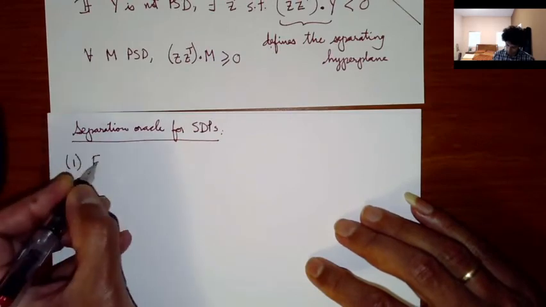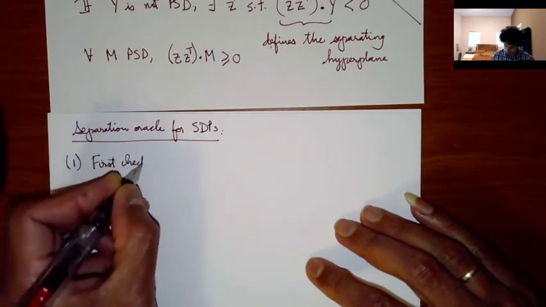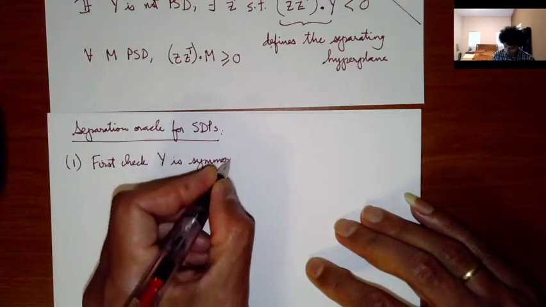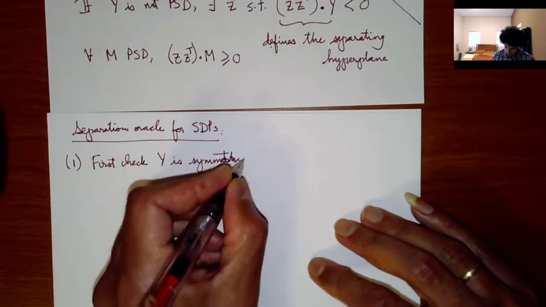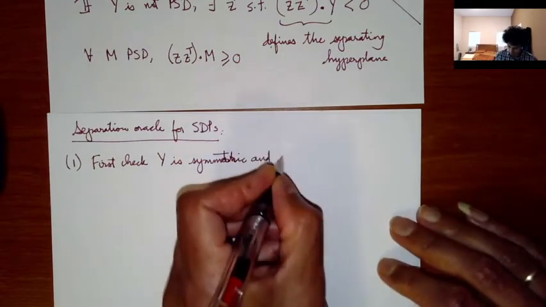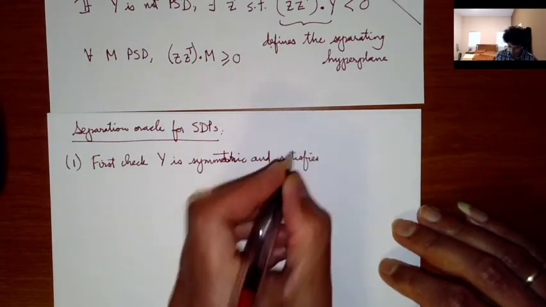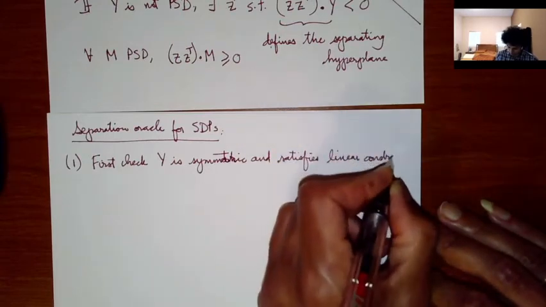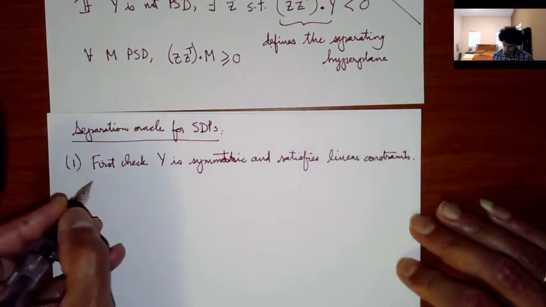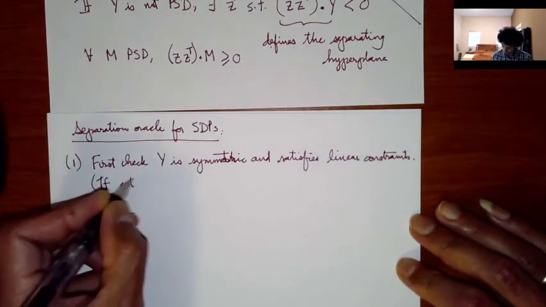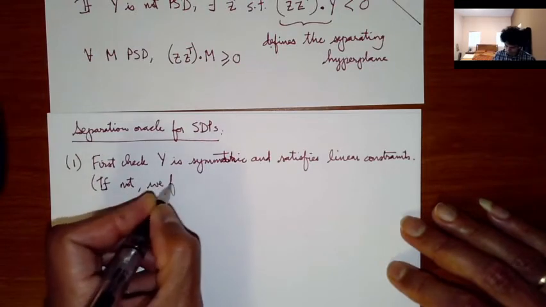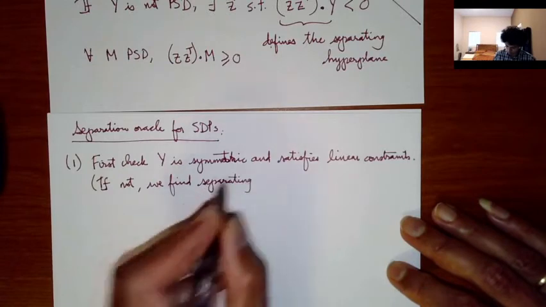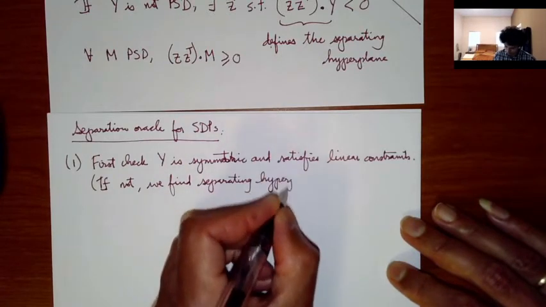Right, so first check that Y is symmetric and satisfies the linear constraints. If not, we find a separating hyperplane. So this is the easy part.